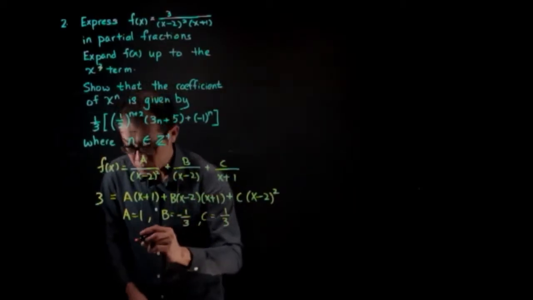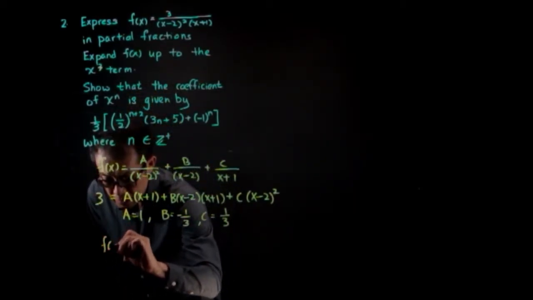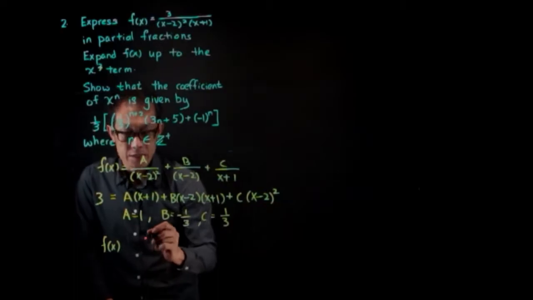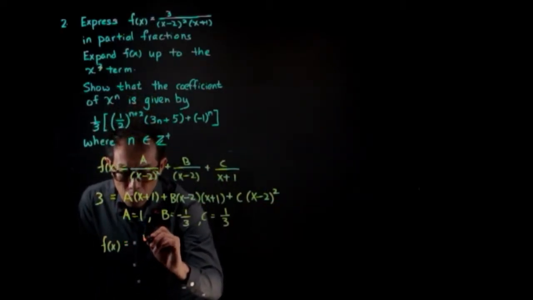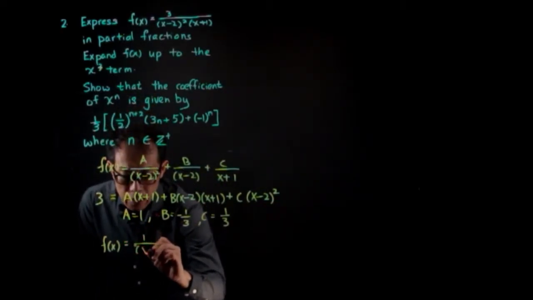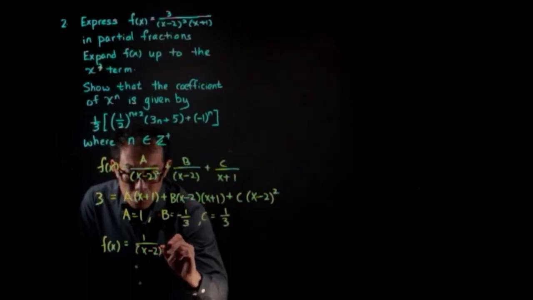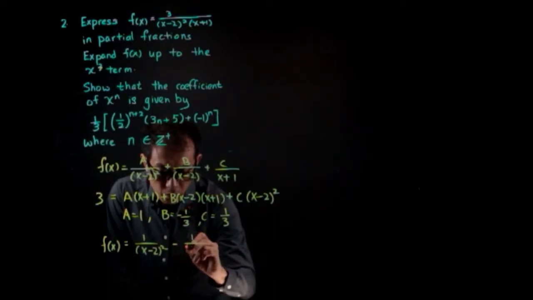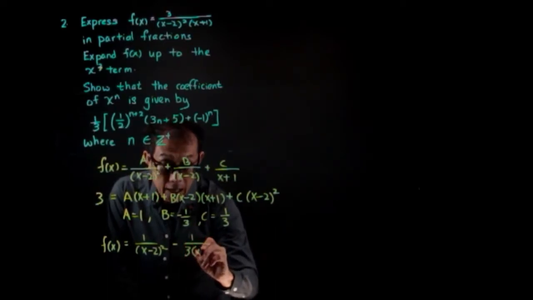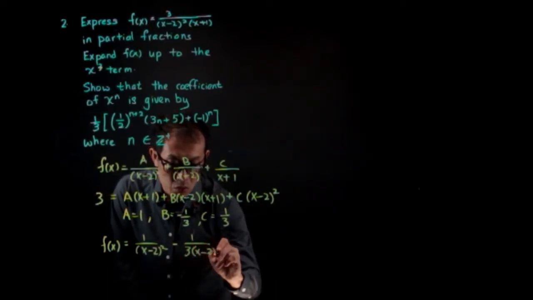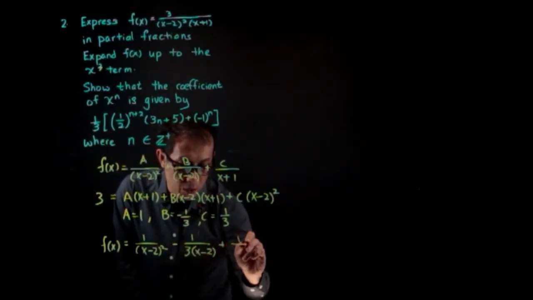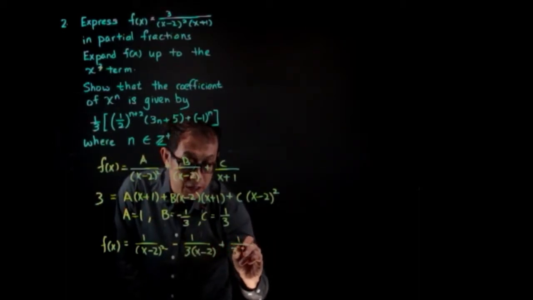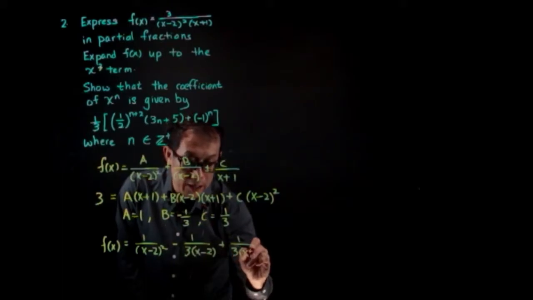So f of x can be written as 1 over (x minus 2) squared minus 1 over 3(x minus 2) plus 1 over 3(x plus 1).